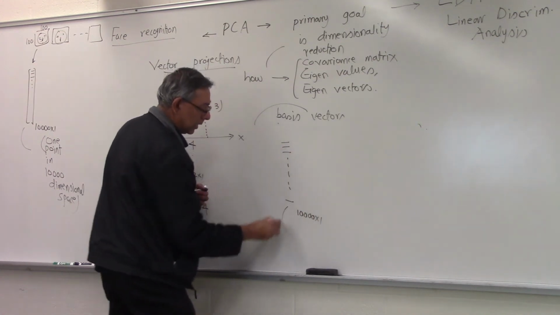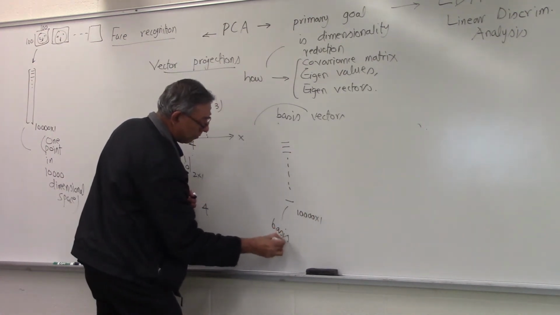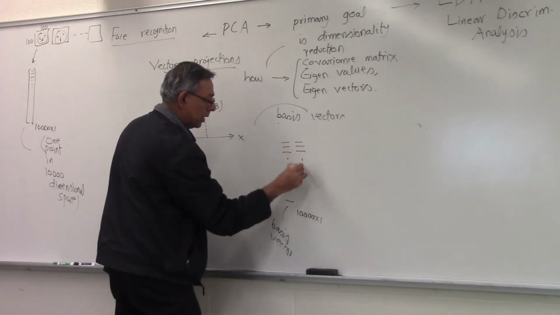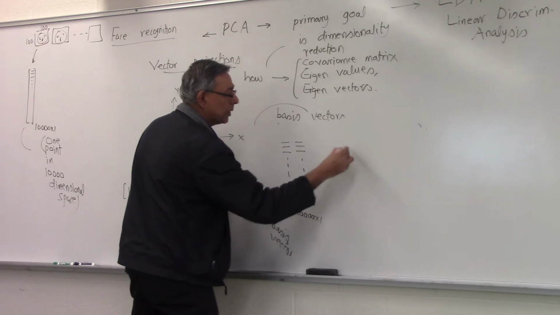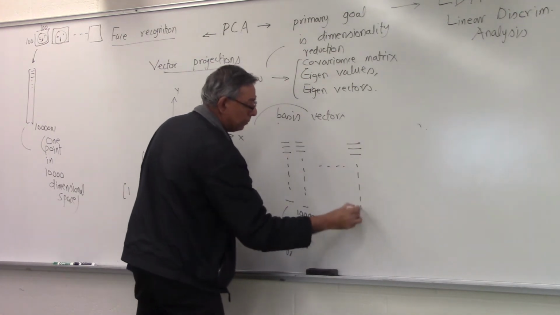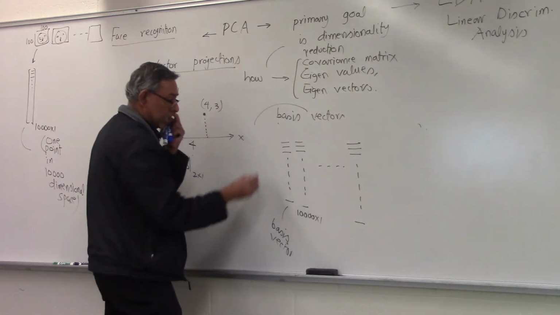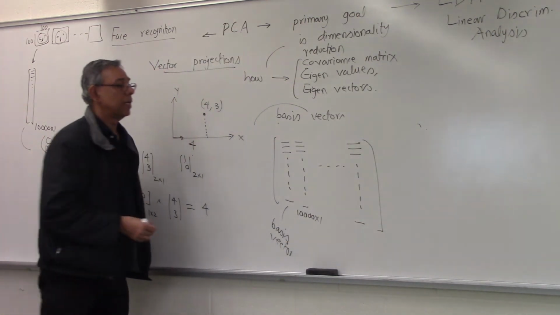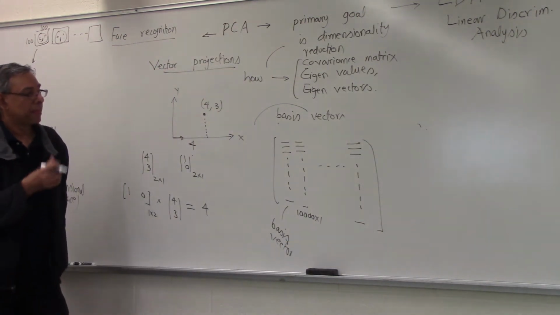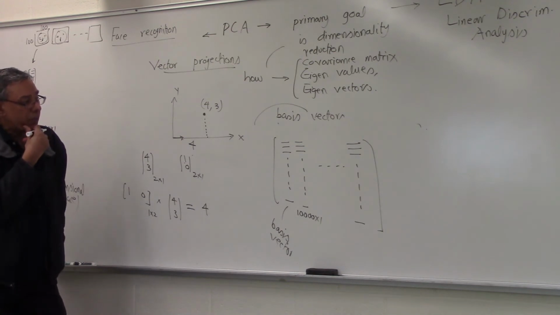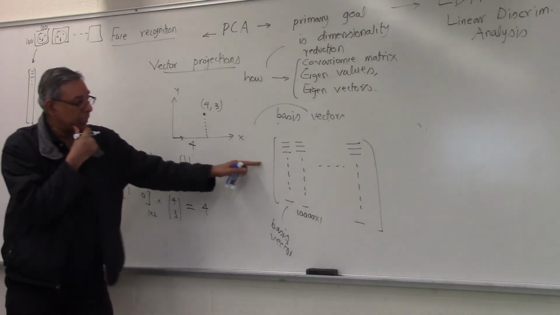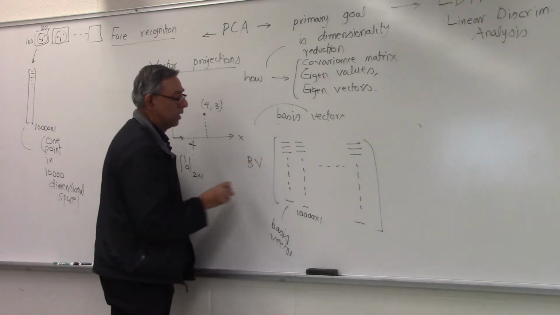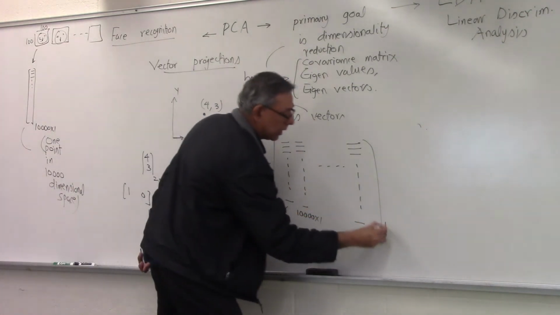Pretend this is one basis vector, and here's another one, and suppose we came up with 30 of them. So what would be the size of this matrix? Suppose I call this matrix B. 10,000 by 30.